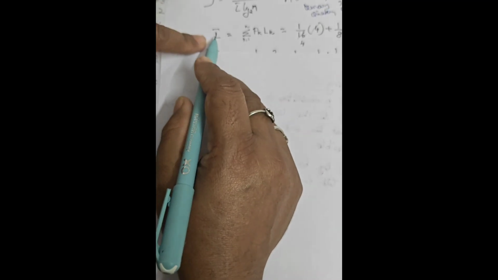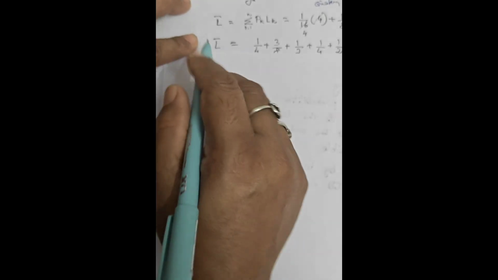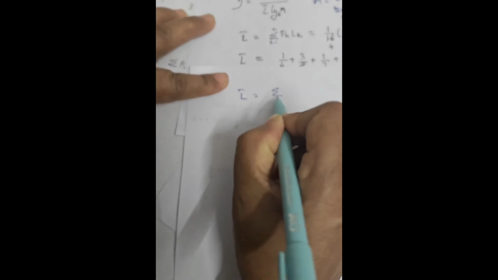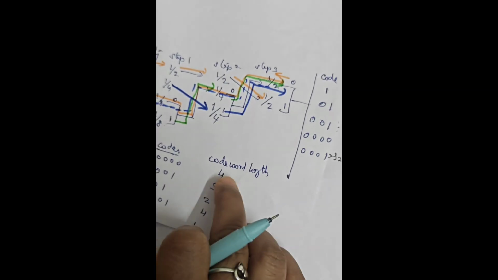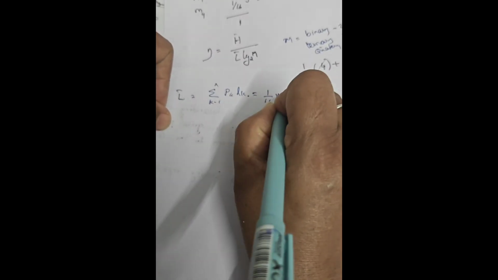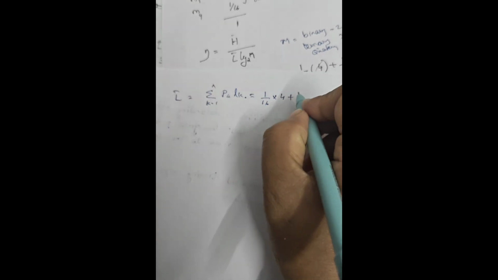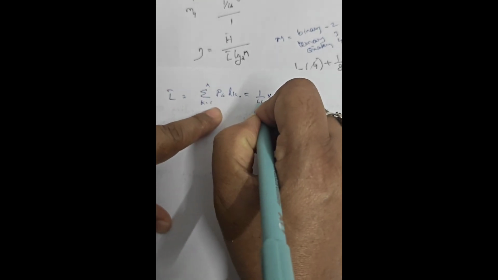So let us find out what will be the average code word length. L bar will be equal to summation k equal to 1 to m of pk lk. Already we know what our values are. Pk will be 1 by 16 into the length of the code, 4, plus 4. This is for M1.